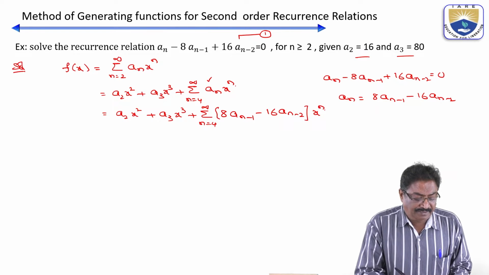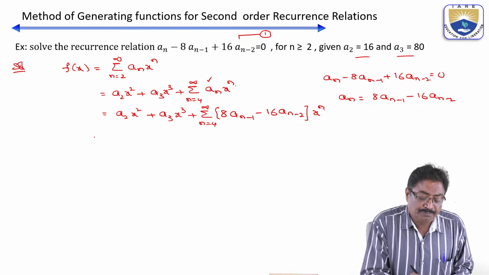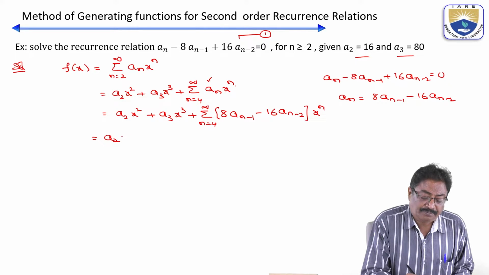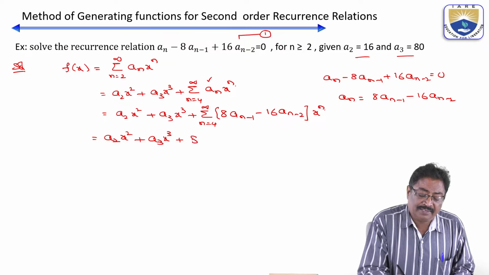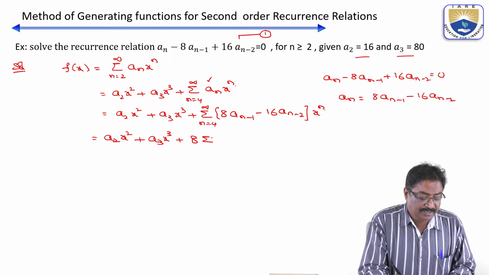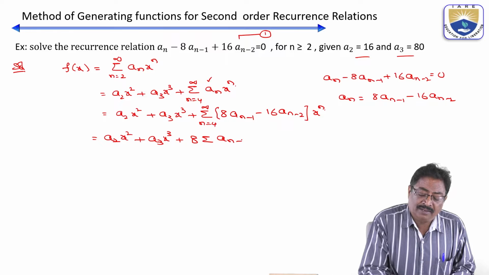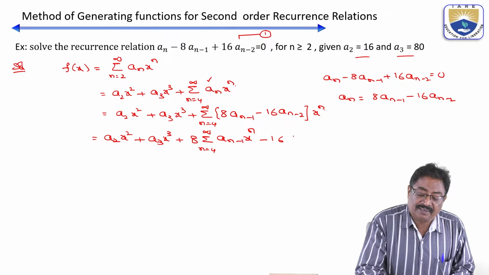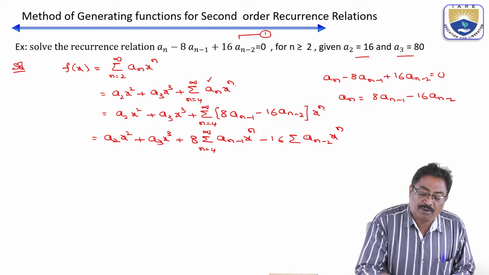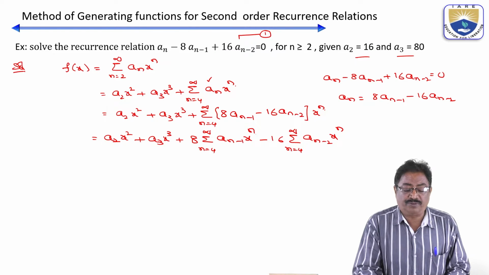So now I write it as a2 x square plus a3 x cubed, plus 8 summation a n minus 1 x to the power of n, n equals 4 to infinity, minus 16 summation a n minus 2 x to the power of n, n equals 4 to infinity.